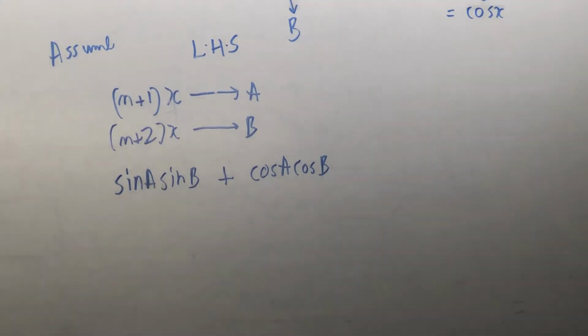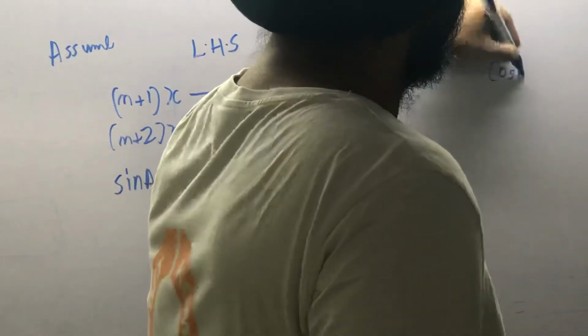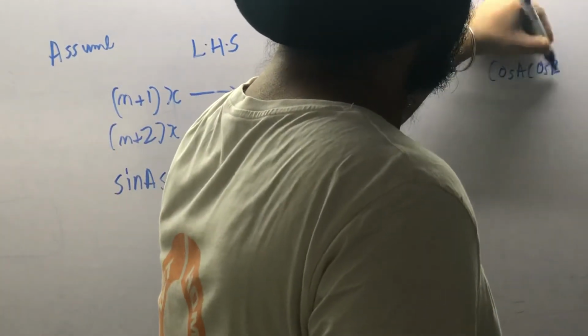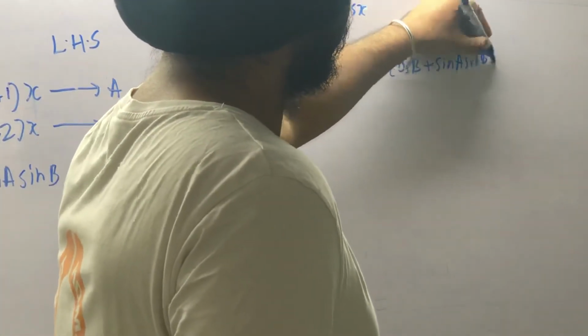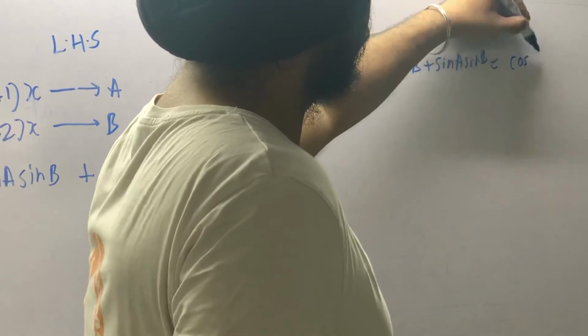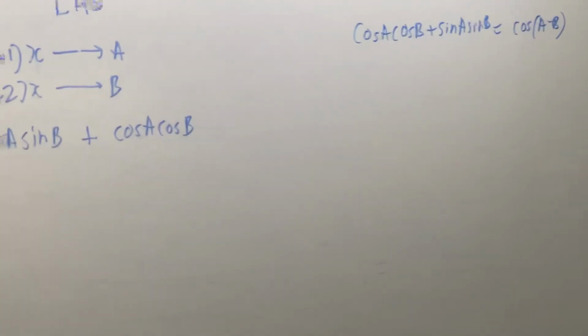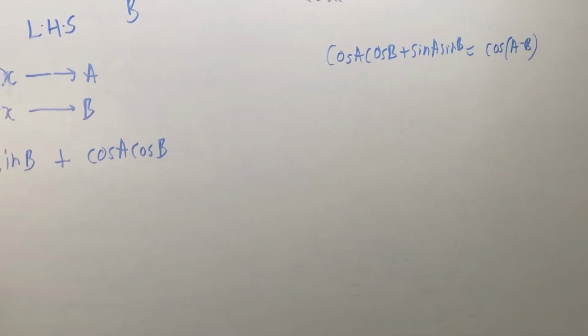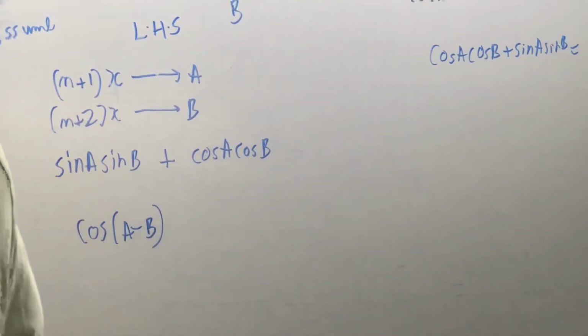You know that cos A cos B plus sin A sin B is cos(A minus B). We have done the identity, so you will just substitute the identity here. So this will be cos of (A minus B).